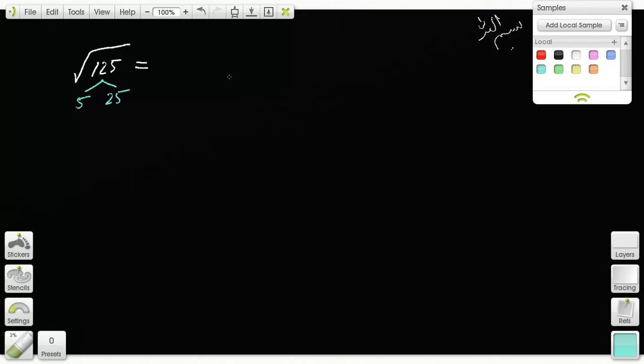Very good. 5 times 25, right? Correct? Now, what can you take out from here? 25, so you can take that out, right? It's a peanut butter jelly sandwich. So that's 5. And then what's left inside?